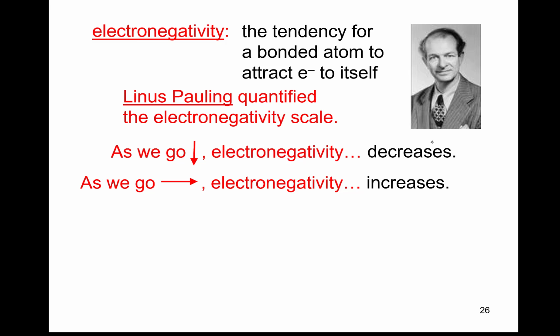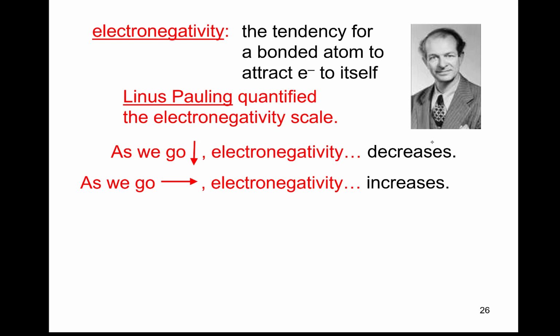Okay, so keep in mind what this means, because we will refer to electronegativity throughout the year. That's a tendency for a bonded atom to attract electrons to itself. As you go down, that electronegativity will decrease. Remember, there's a lot of shielding going on, that shielding effect as you increase in energy levels. And as you go across the group, you're adding a proton and electron.